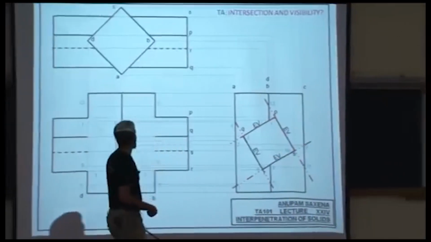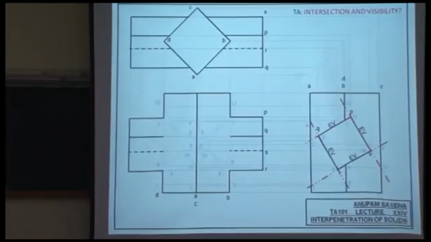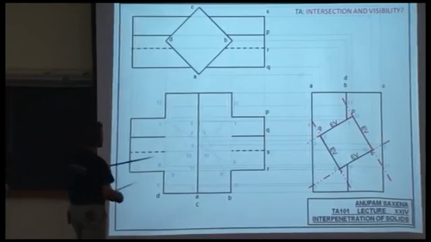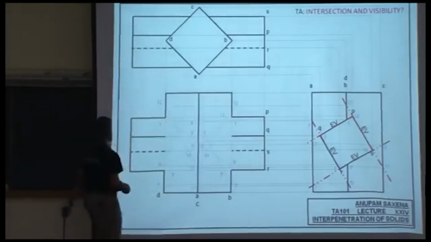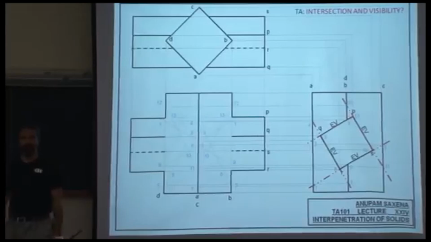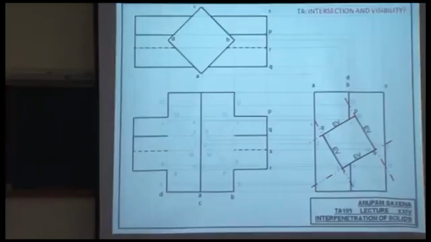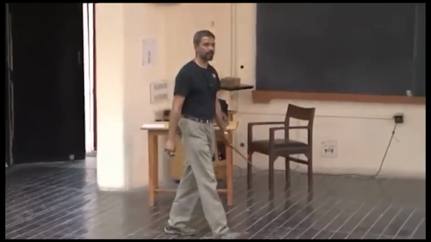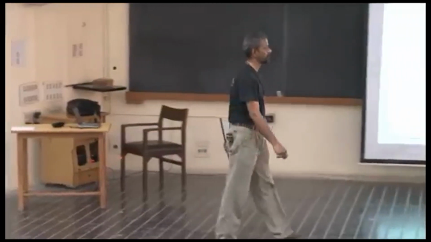All right. 13 lies somewhere over here and here. Once you have identified these intersection points, now you need to connect them. Which ones of these will be real? Which ones will not be real?